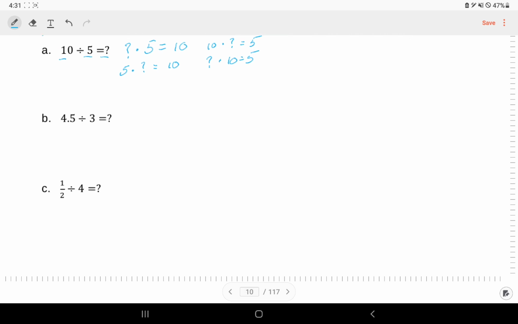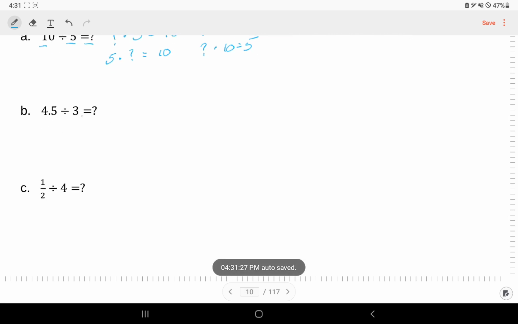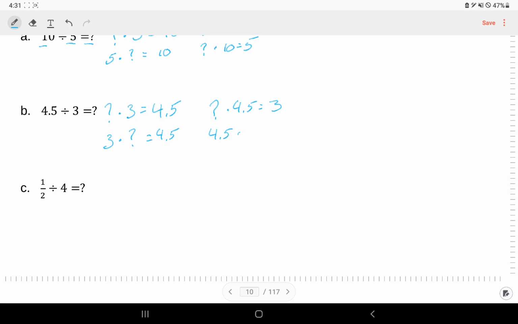So we go to the next one, and it's the same setup. Question times 3 is 4.5. 3 times question is 4.5. Question times 4.5 is 3. 4.5 times question is 3.